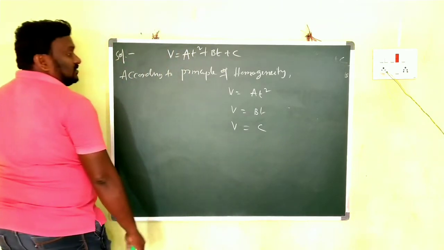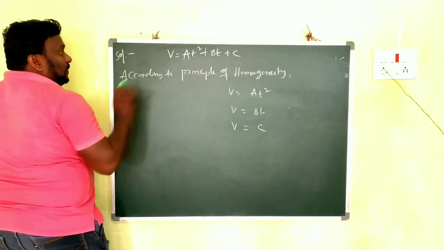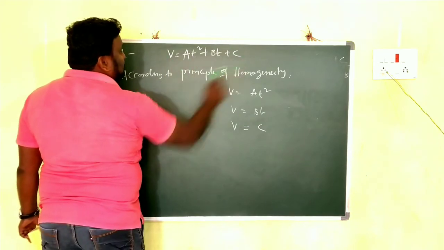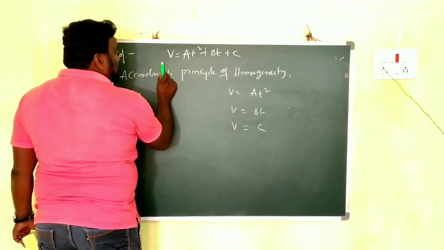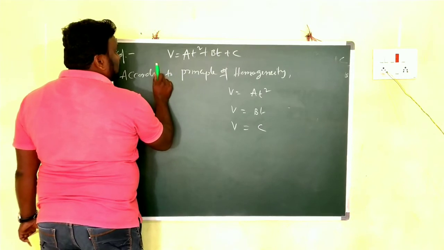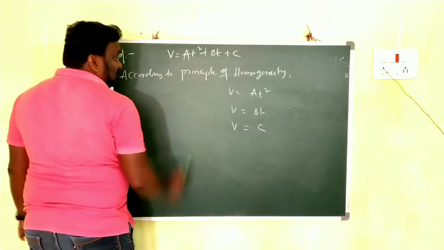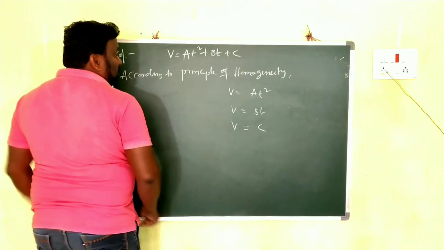Clear? According to the principle of homogeneity, in any equation where we are doing some operation, the dimensional formula on the LHS must be equal to the dimensional formula of the physical quantities on the RHS. That's the principle of homogeneity, children.